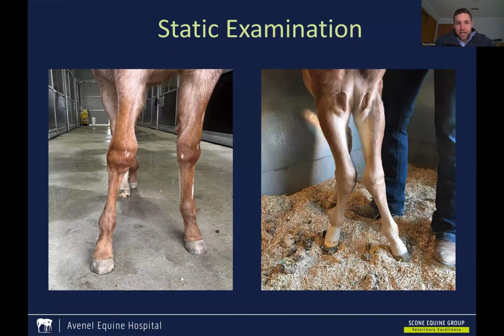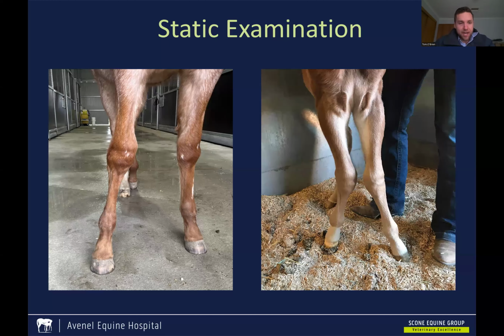Now, static exam is really important. And so we're looking at how the foal is standing still, preferably distributing weight evenly between the four legs. The image on the left is okay, but it's not great. You know, the foal's not super square. But what we're looking at is what these bones are doing.